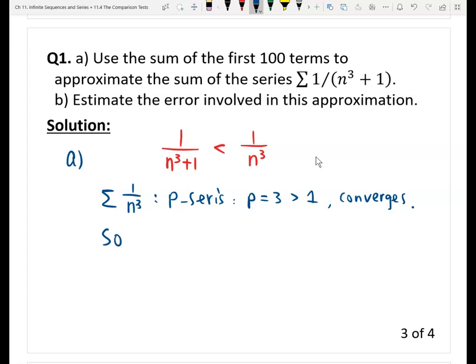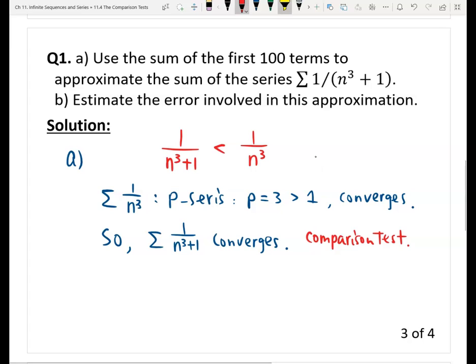So our series converges too, and we get this result by the direct comparison test. This is the first step. And now what do we need to do? We need to do the estimation.